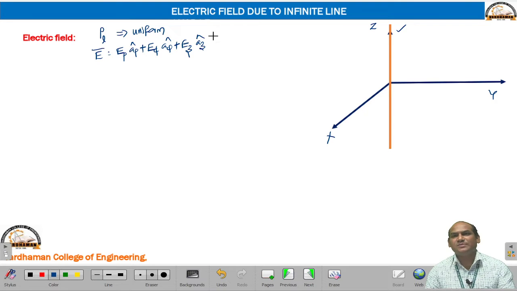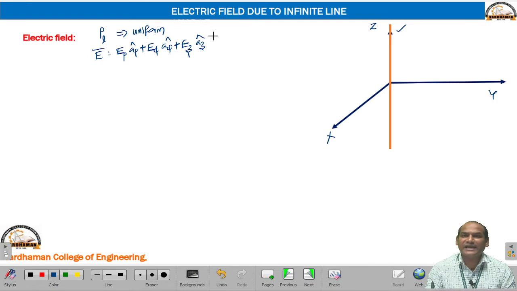Again it looks similar. Like that you take different phi values: phi equal to 90, you are on the yz plane, and phi equal to 270, 315, 360 again. For any phi value the infinite line is looking similar.